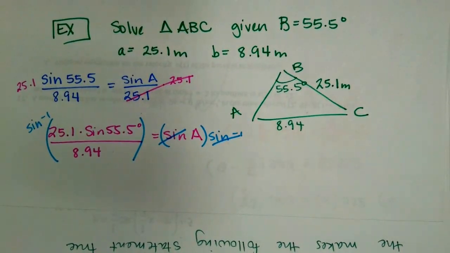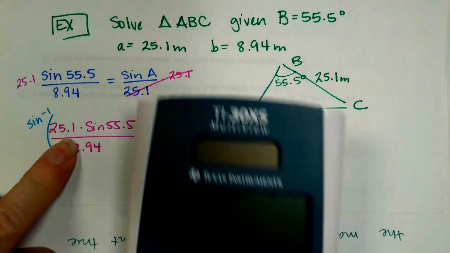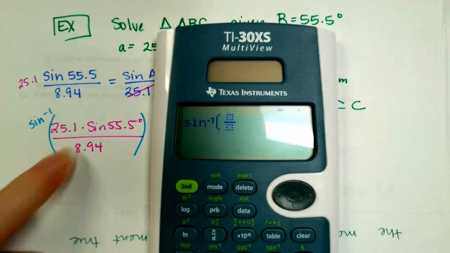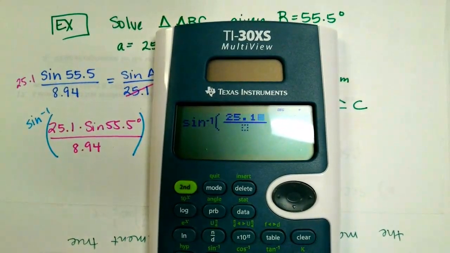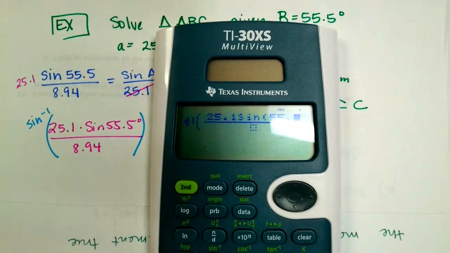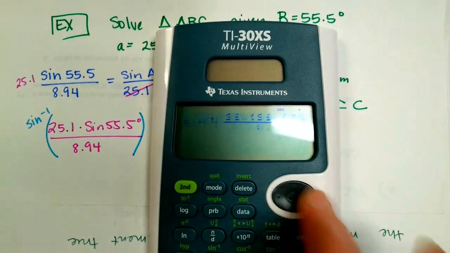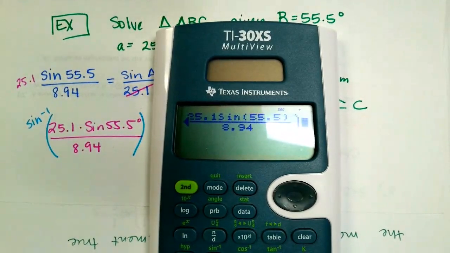All right, so I'm going to go to my calculator and I'm going to type in arc sine. And then I'm going to write this just as a big fraction. See if you can see that. 25.1 sine 55.5 over 8.94. Now, right here, and I don't know because I haven't done this one yet, if it gives me a domain error, I didn't do anything wrong.